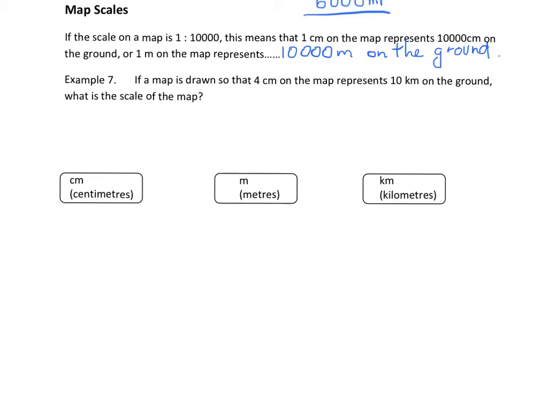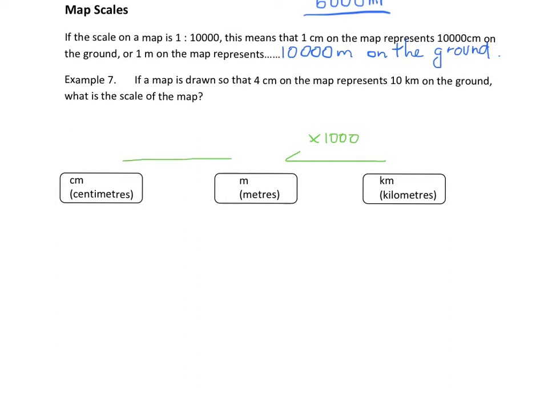So to convert kilometres to centimetres, well, first off we have to convert kilometres to metres. Kilo indicates 1,000, so multiply by 1,000 to convert kilometres to metres.